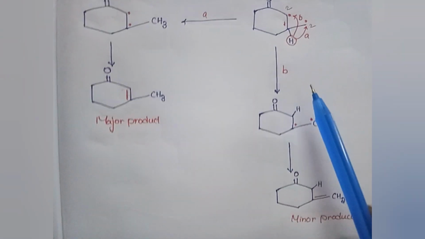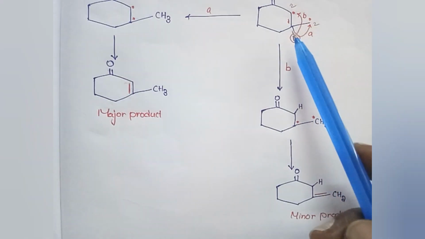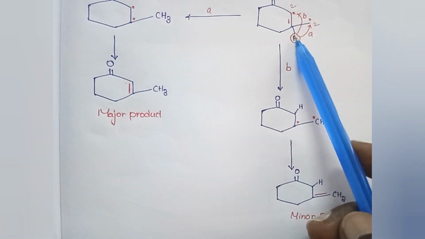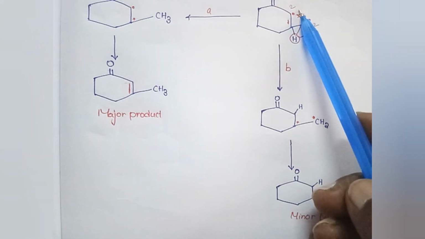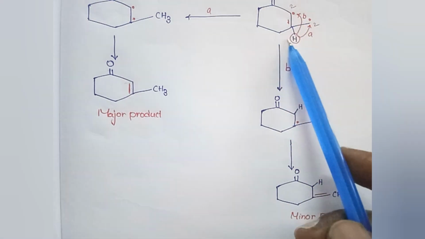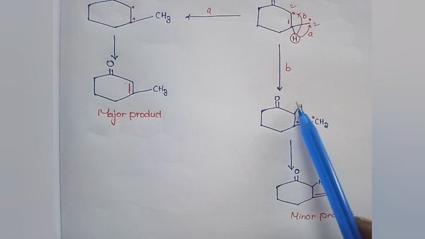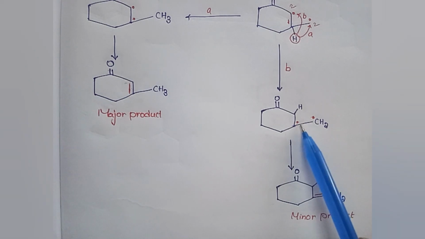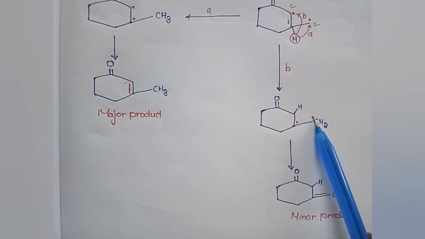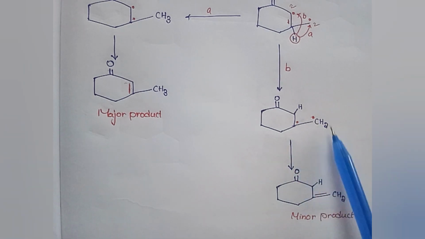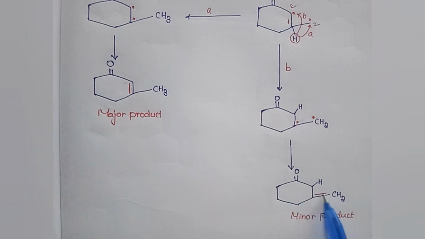So this becomes the major product. Now let us see what happens when the hydrogen atom shifts to this carbon atom, that is B route. When this hydrogen atom shifts to this carbon atom, a new radical is formed here. This new radical and this radical will join together to form a new bond.